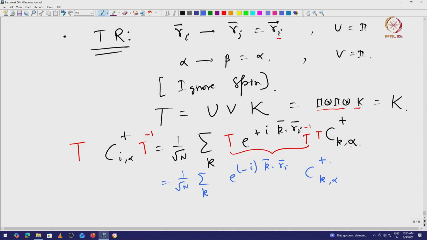But again we are getting a negative sign, so again we can change k to minus k, which is equivalent to C minus k alpha.